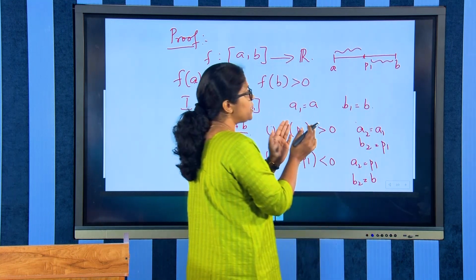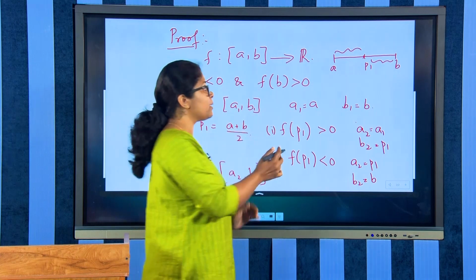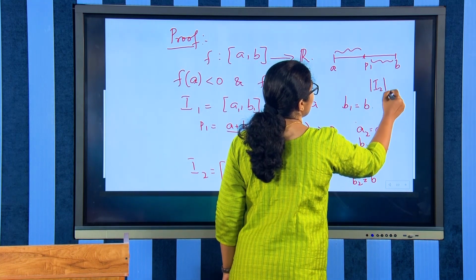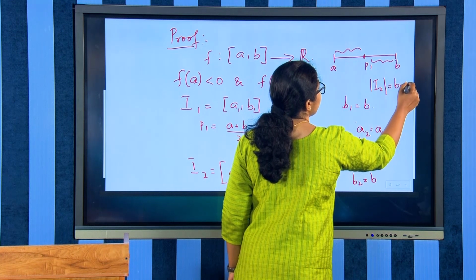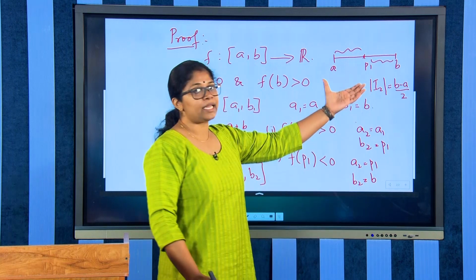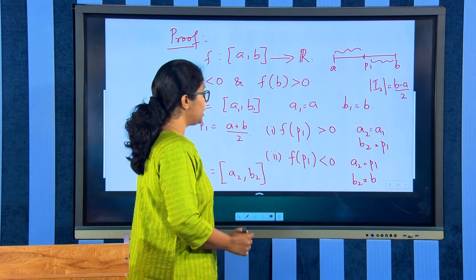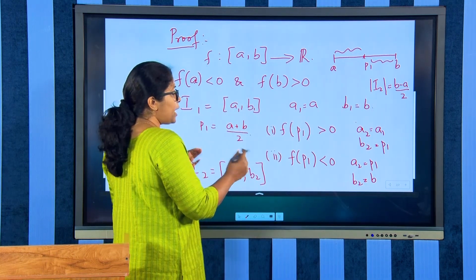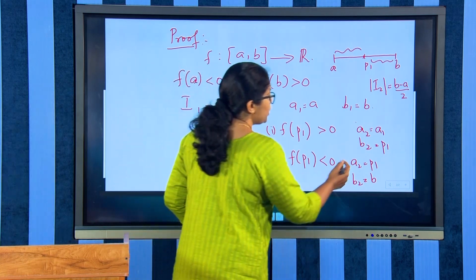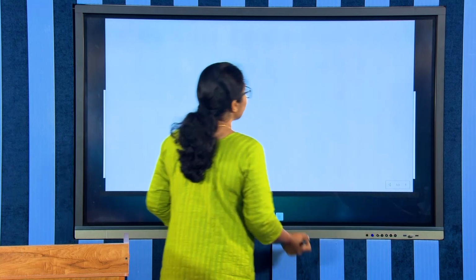So whatever happens, the length of I2 now becomes (B minus A) by 2, because B minus A is the total length. Now again we are going to bifurcate this interval A2 B2 using the same technique.